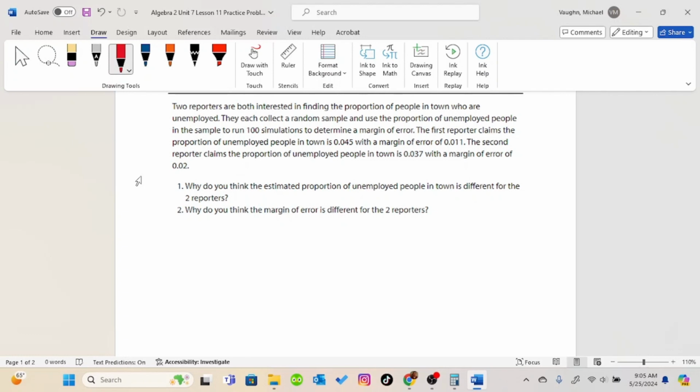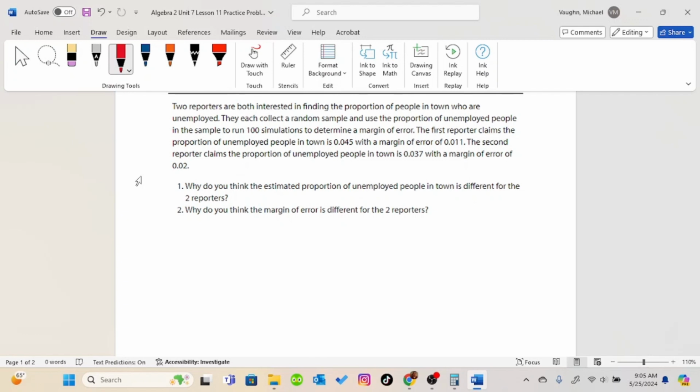The first reporter claims the proportion of unemployed people in town is 0.045 with a margin of error of 0.011. The second reporter claims that the proportion of unemployed people in town is 0.037 with a margin of error of 0.02.